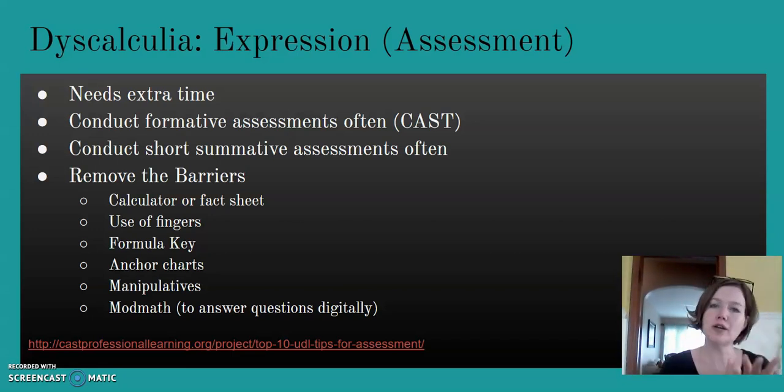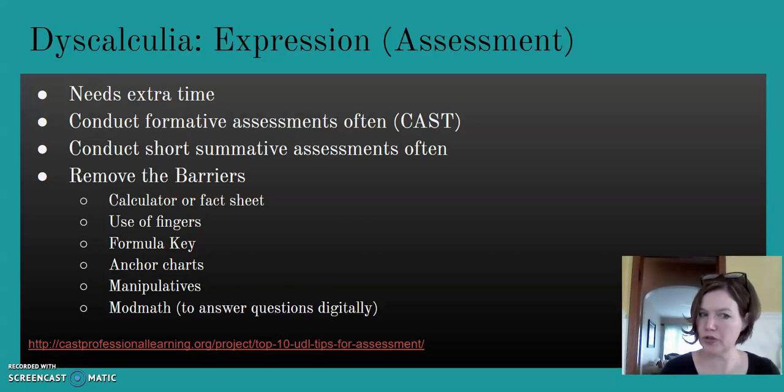What about just giving pieces of the test throughout the unit, just the parts, so that it's not so overwhelming and daunting a task? Then also, again, remove those barriers. And so I gave all kinds of examples of that, and my time is running short.